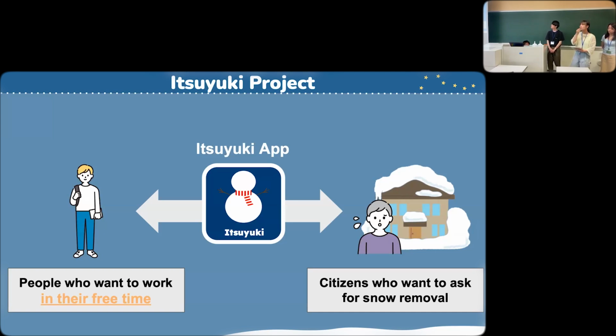As a result, it is expected to increase the labor force. We also believe that by providing this service in cooperation with Sapporo City, we can prioritize snow removal in areas where the city has not been able to remove snow.